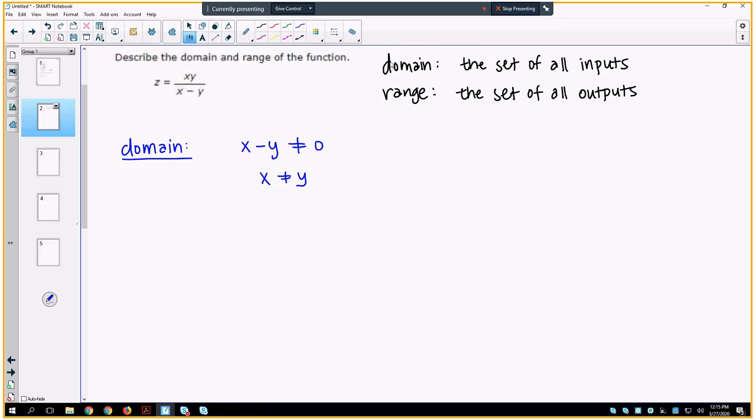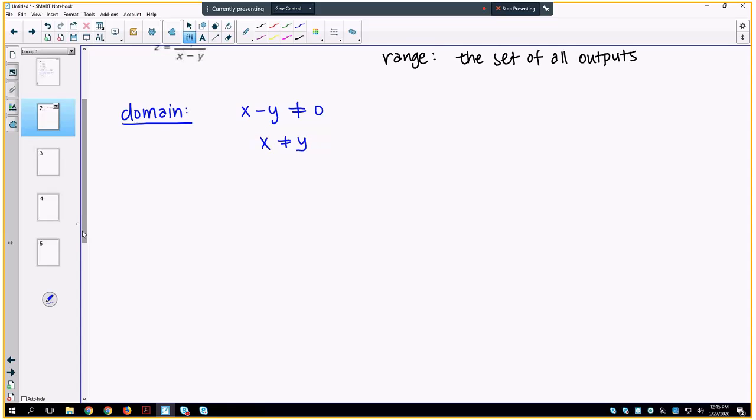So that tells me that my domain should be the set of all ordered pairs, or all points, as long as x is not equal to y.